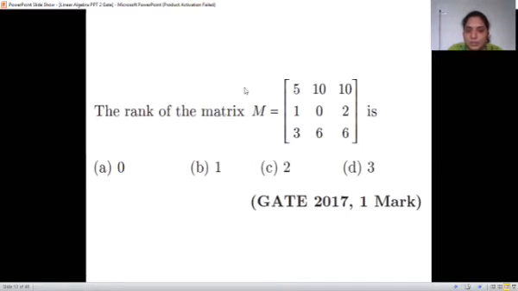Try to reduce the matrix in row echelon form, that is upper triangular.